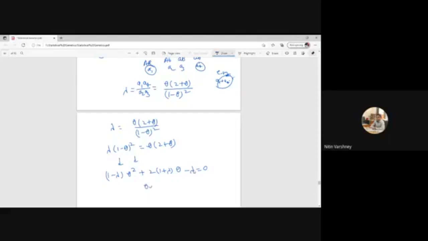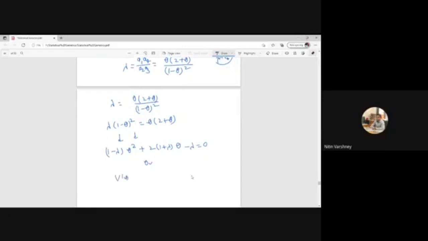The variance of theta here will be the same; we calculate the derivative of this equation and equate it to 0. The variance of this method will be 2 theta (1 minus theta) squared (2 plus theta) upon n (1 plus 2 theta). So what we are seeing here is that the variance is the same as in the likelihood and chi-square methods.